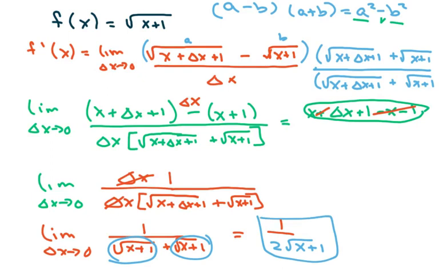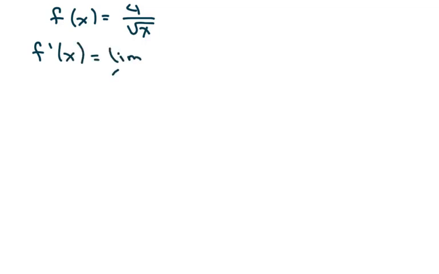Okay, and the second one we were going to do is f of x equals 4 over square root of x. So we're going to take the derivative of f by the limit process. Everywhere there's an x, I'm going to put x plus delta x.